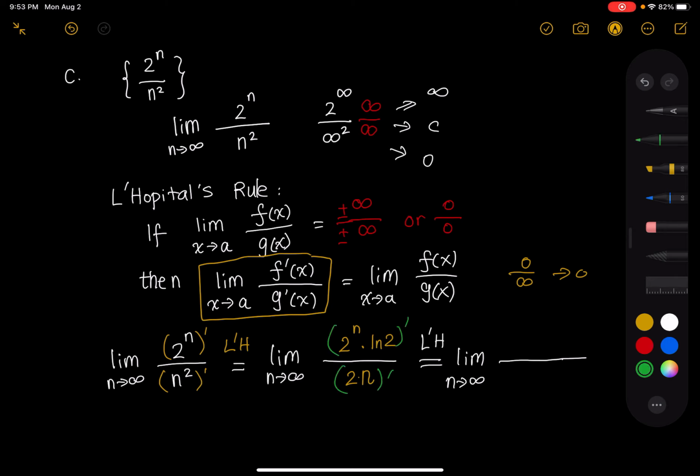For the bottom, 2n, the derivative is just 2. But for the top, ln of 2 is a constant, times the derivative of 2 to the n, and you multiply by ln of 2 again, so it's ln of 2 squared. Now you plug in again, you get infinity over 2. So we can conclude that our limit goes to infinity.